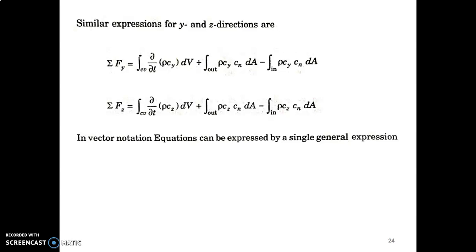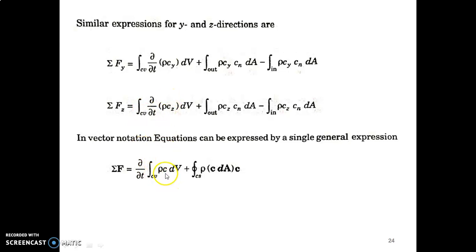Therefore, in vector notation the equation can be expressed by a single general expression like this: ΣF equals ∂/∂t of the integral over the control volume of ρ C dV, plus, for vector notation, the whole outward minus inward flow can be shown as a surface integral over the control surface, of ρ C (dA·C).